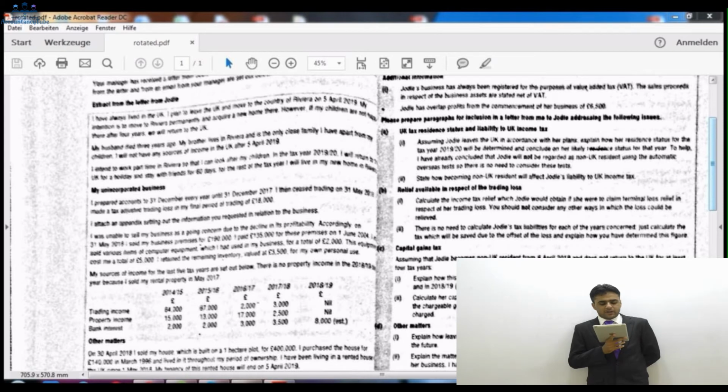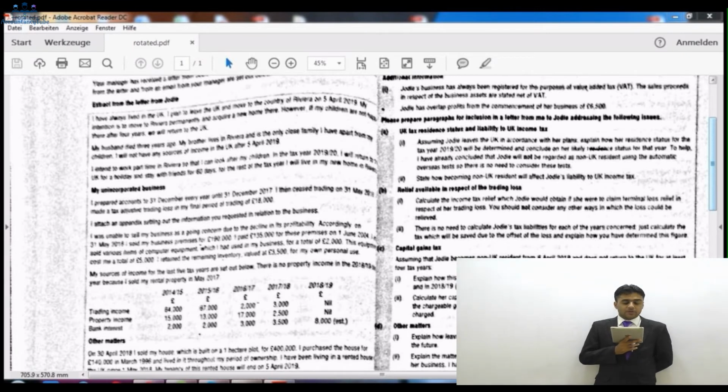The final period of trading is from 1st of January 2018 to 31st of May 2018. Previously she used to make accounts to 31st of December; now the last period of account is up until 31st of May 2018. So she'll be making accounts from 1st of January 2018 to 31st of May 2018, which is 5 months.